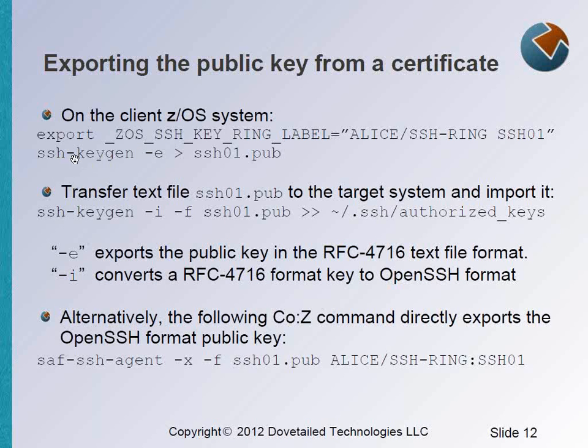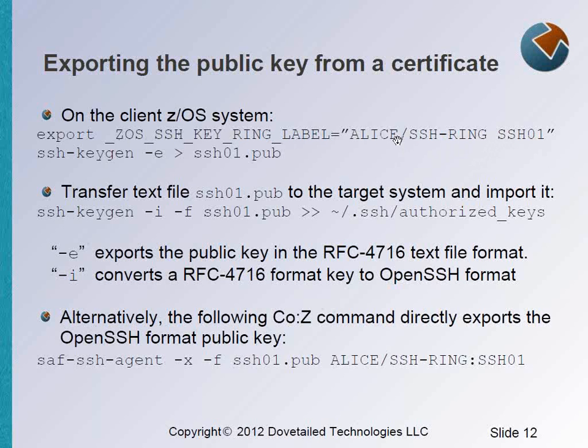This is the ssh-keygen command, which is on all OpenSSH implementations, but it's been extended by IBM on z/OS. It has this -e option, so you can export a public key, and it'll export the public key from a key ring if you export this environment variable and set it to the name of the certificate.